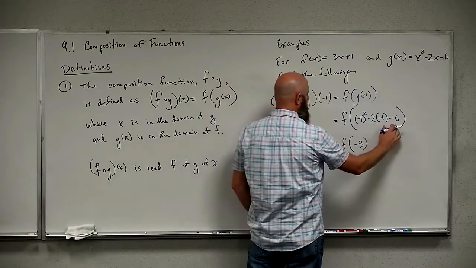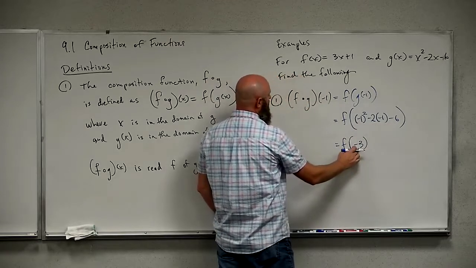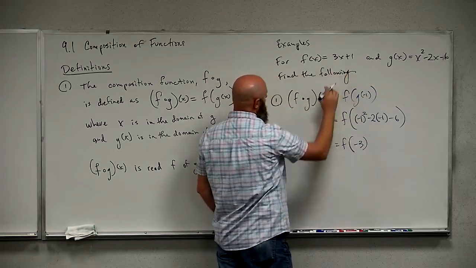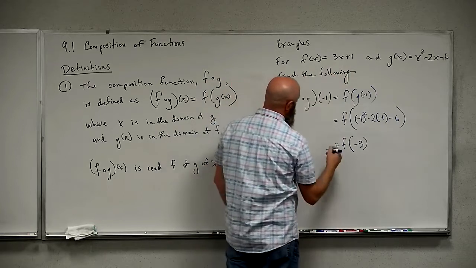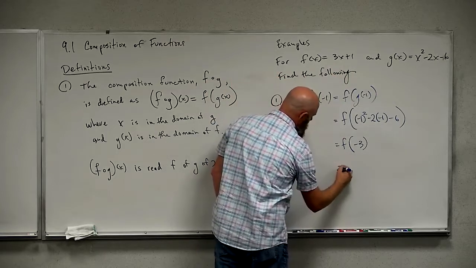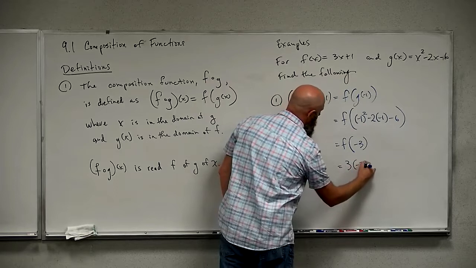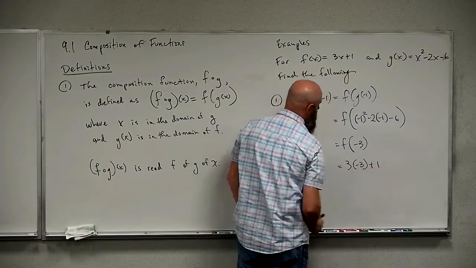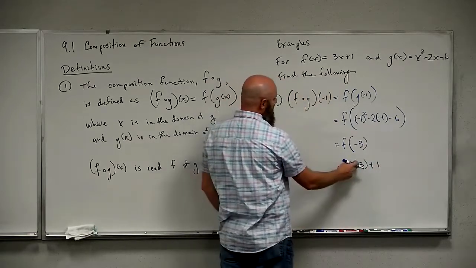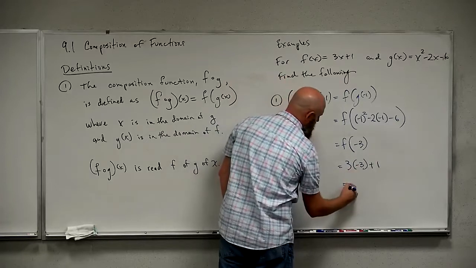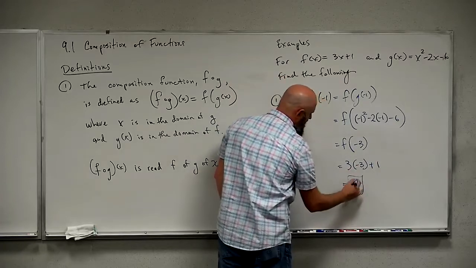So now that we've done that math, we've gotten our negative 3 here. We're going to take this and plug it in for our x value there in f. And so we're going to get 3 times negative 3 plus 1. 3 times negative 3 is negative 9, plus 1 is negative 8.